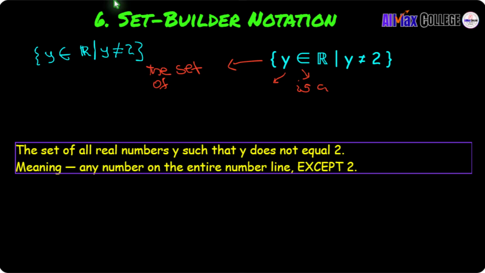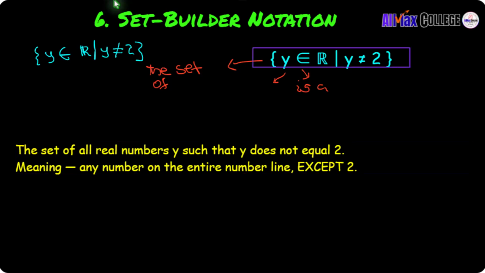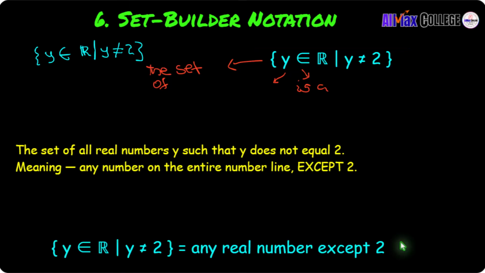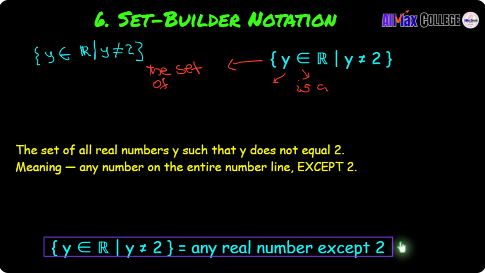That means any number on the entire number line except 2, without 2. So in other words, it means any real number except 2.